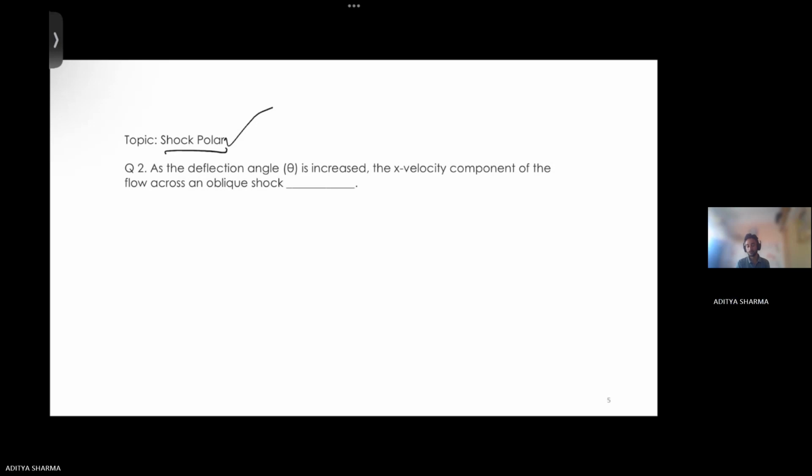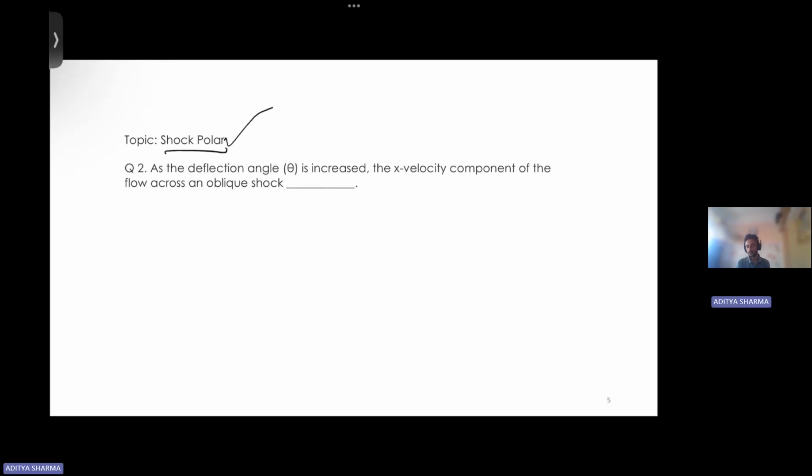The question says, as the deflection angle is increased, the x velocity component of the flow across an oblique shock in the blank.